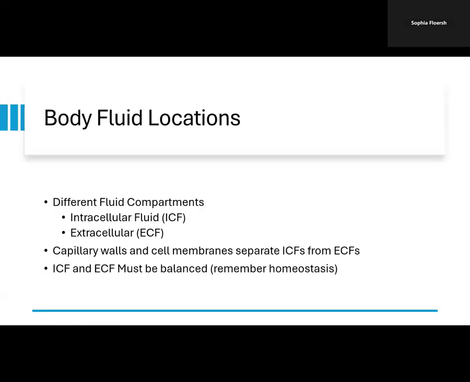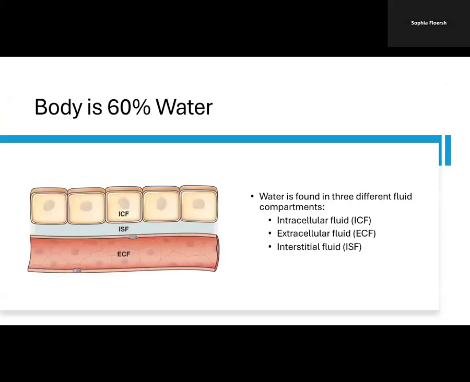There are different fluid compartments. We've got intracellular fluid and extracellular fluid, which I'll talk about more as we continue on. Then we've got the capillary walls and cell membranes that separate the intracellular and the extracellular fluid. Once again, both of these things have to be balanced. Your intracellular needs to be balanced with your extracellular. Like I said, water is found in these three different compartments.